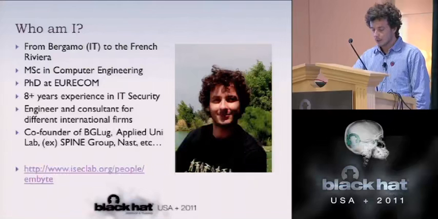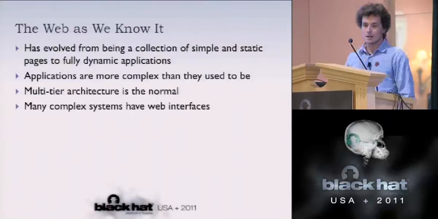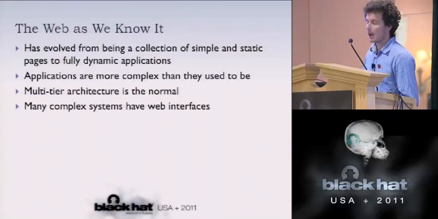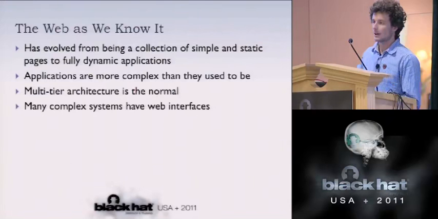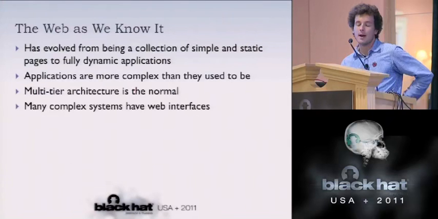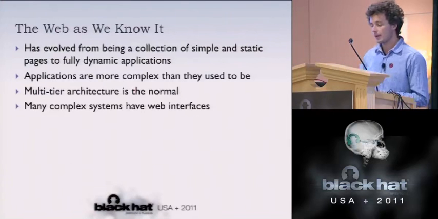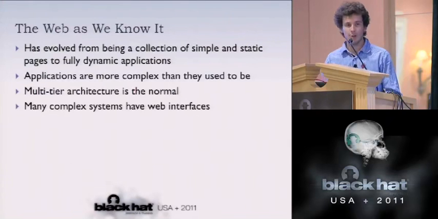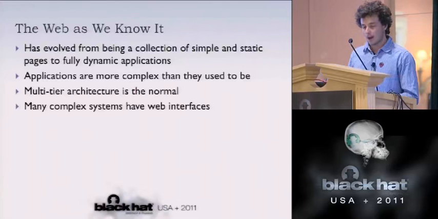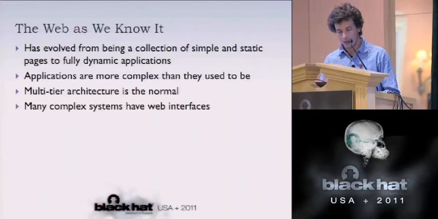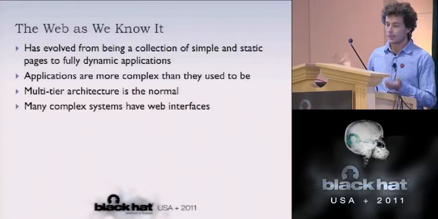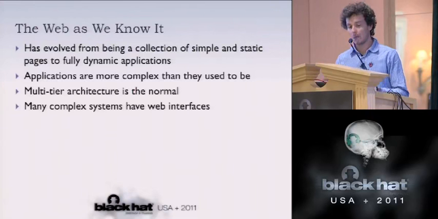As most of you know, the web has really evolved in the last five or even ten years. In the past, it was barely a collection of simple and static pages, while now web applications are fully customizable and pretty complex.